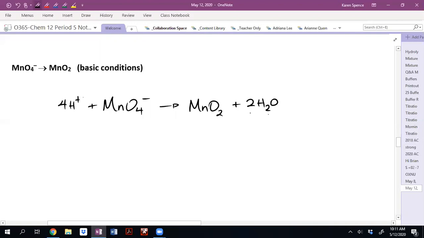And once we've done major OH, now we're going to do charge. So again, I'm still going to write out on the right-hand side, I have 4 positive from my 4 H pluses.